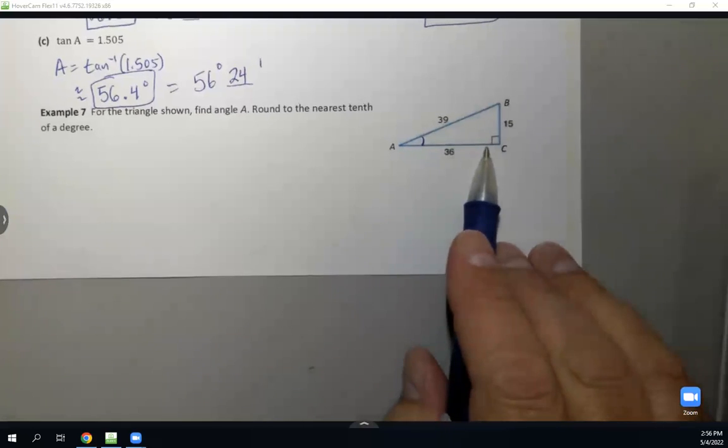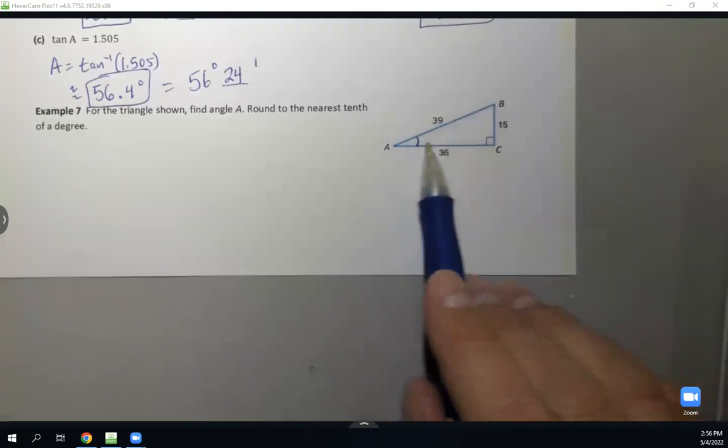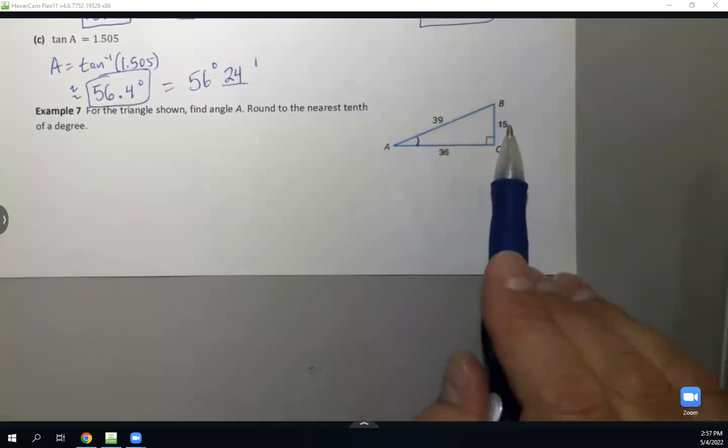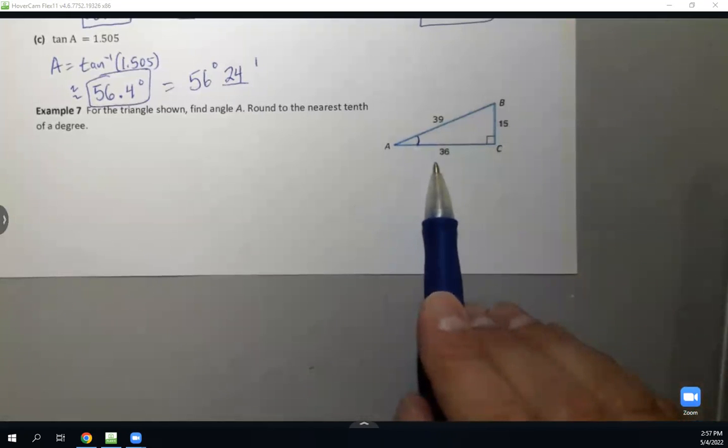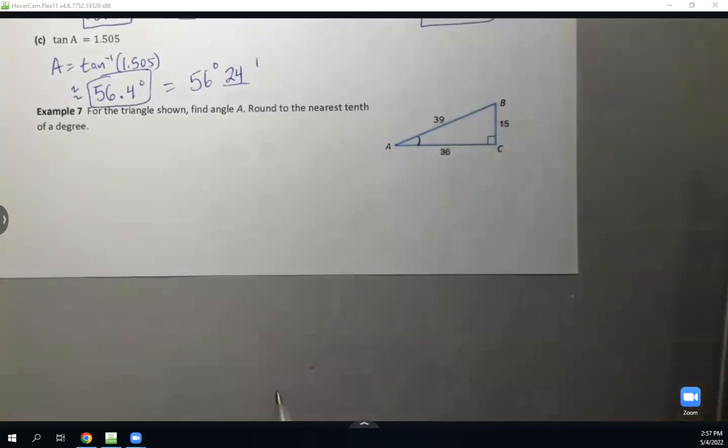Well, it's a right triangle. I know that the opposite's 15, the adjacent's 36, and the hypotenuse is 39. You with me? So I have 3 ways that I could figure out what the angle is, okay? Depends on if you want to use sine, cosine, or tangent, okay?